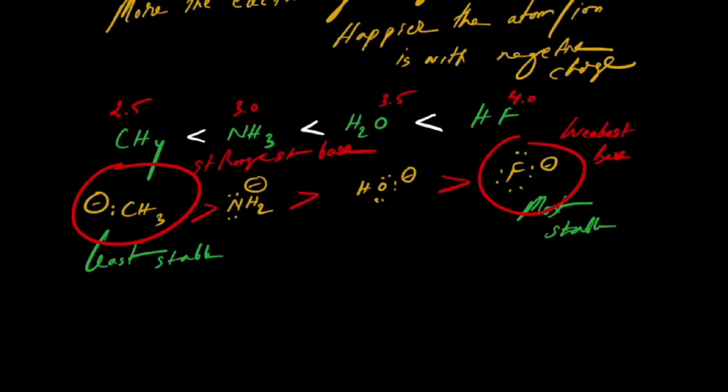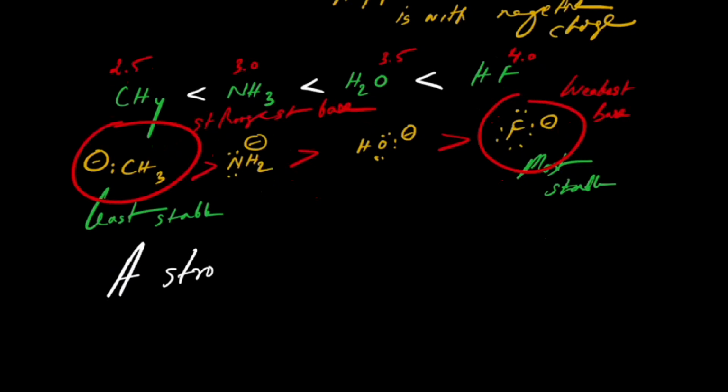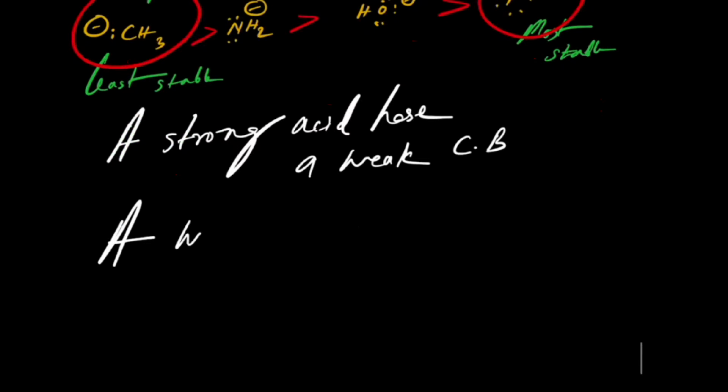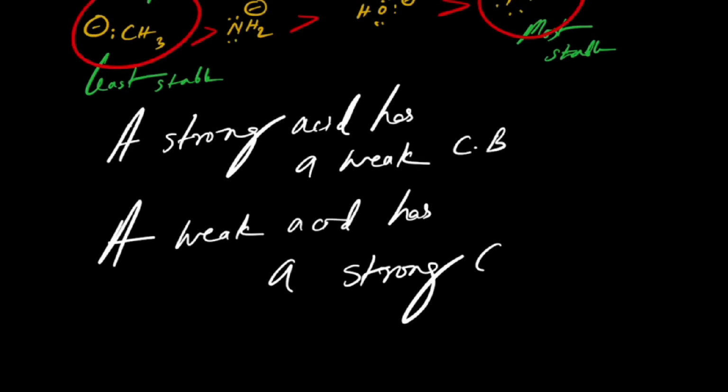So what do you conclude here? A strong acid has a weak conjugate base, and a weak acid has a strong conjugate base. Clear? See, I'll just write down the acids and conjugate bases. Again, HF, HCl, HBr and HI.